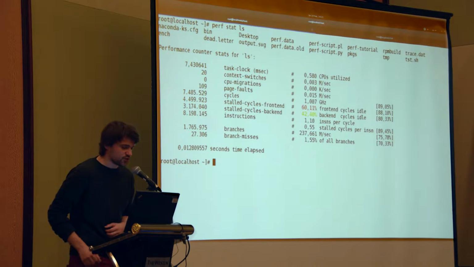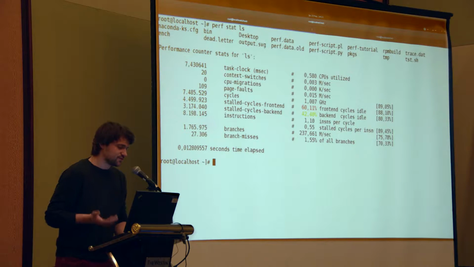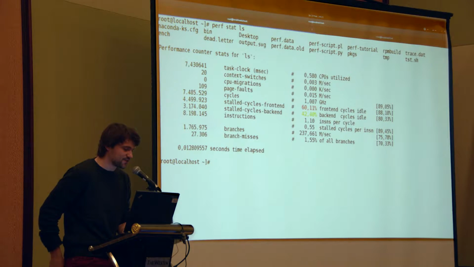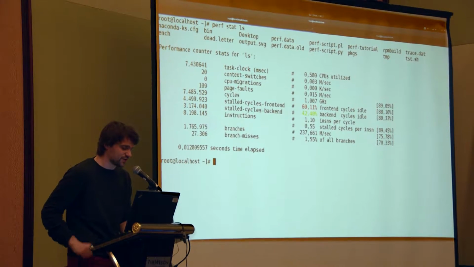But it's interesting to just have a first look at what performance problems there may be. And it's also a pretty accurate way of measuring how long a binary runs.